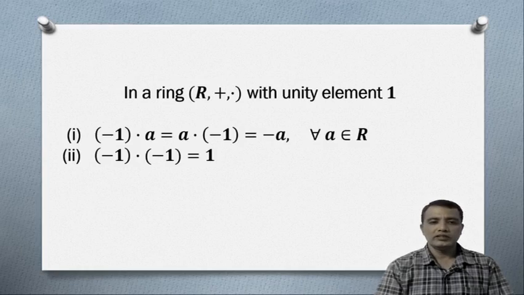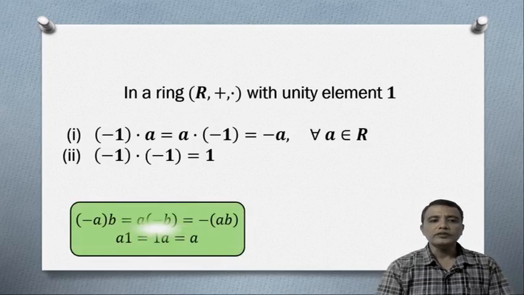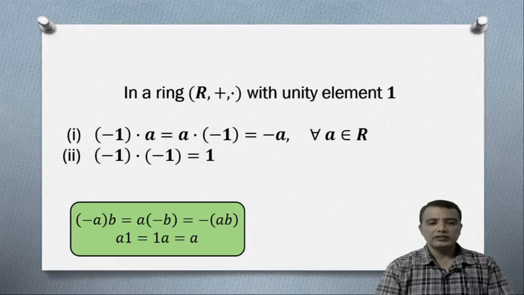The second one is very easy, because we just proved minus a into minus b is equal to a into b, and since 1 belongs to R, in place of a and b take 1, we get the result. To prove the first one, we have this property minus a into b is equal to a into minus b, which is equal to minus a into b. So by appropriate substitutions, we prove the first one.